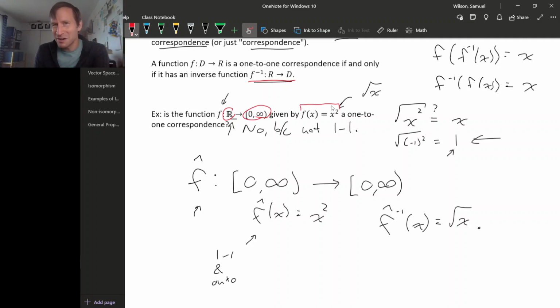But that's not really what a function is, right? A function is a range, a domain, and some rule that turns domain values into range values. So you can't really ignore what the domain and range are. And we're seeing that reflected in the fact that these properties of being one-to-one and onto can change if you change the domain and the range. Right? That's just a reflection of the fact that the domain and the range are critical parts of defining what a function is.